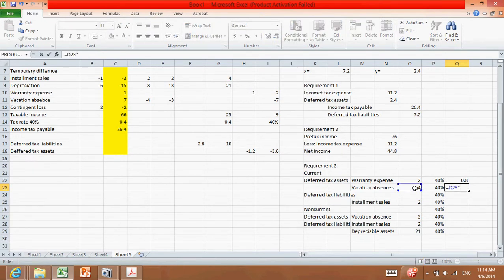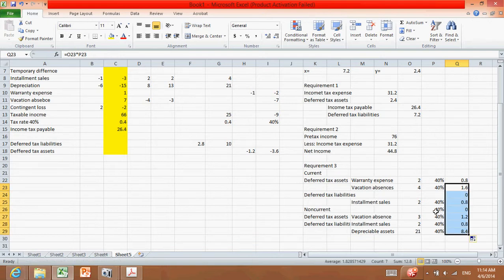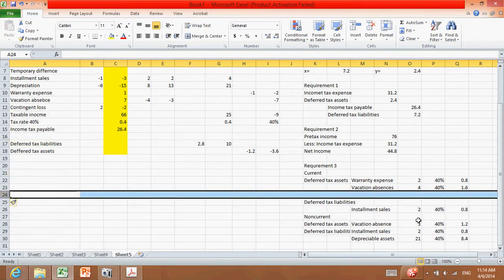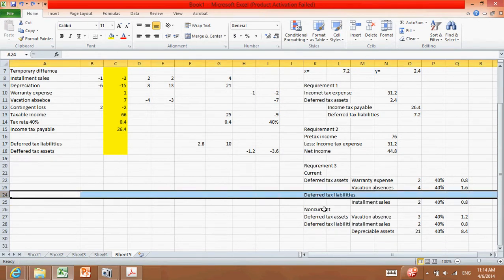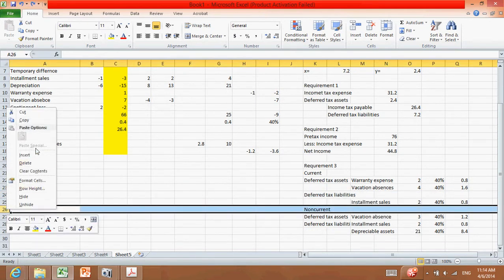Now I will create another row here because I need to calculate the net assets and liabilities. Sorry, to create a line up here. Let's see. So my total deferred tax assets are 2.4 million. My total deferred tax liabilities are 0.8 million in the current year.